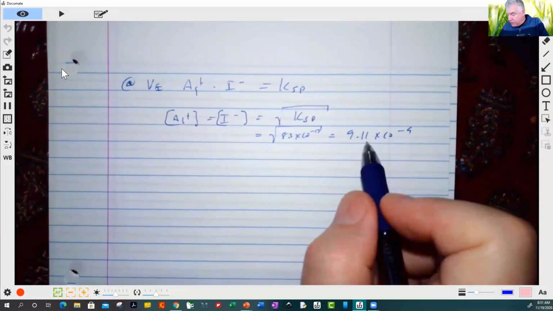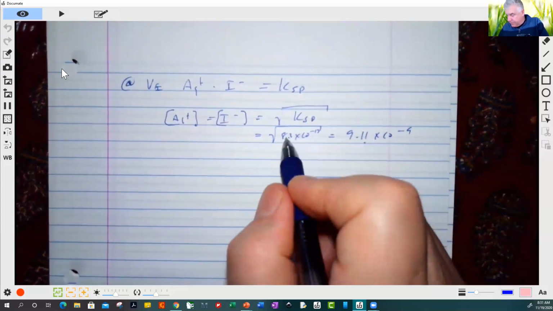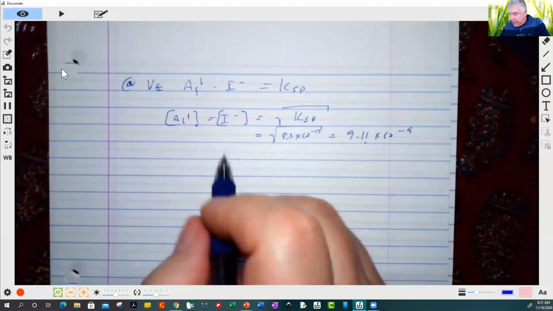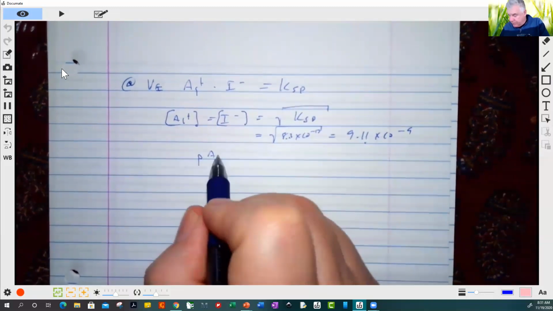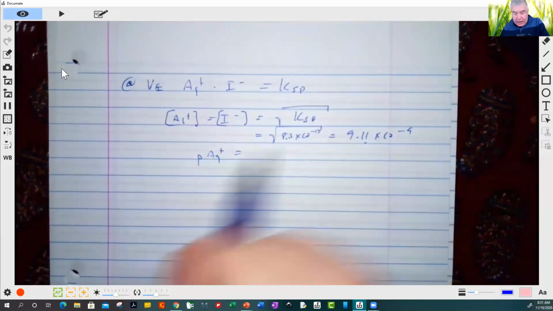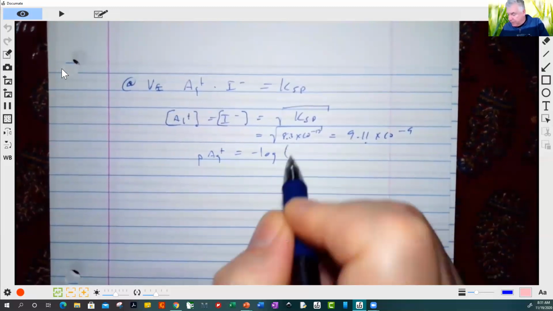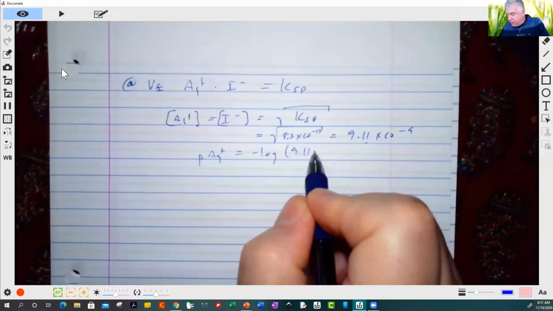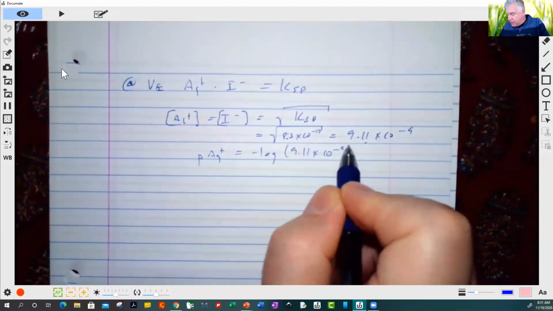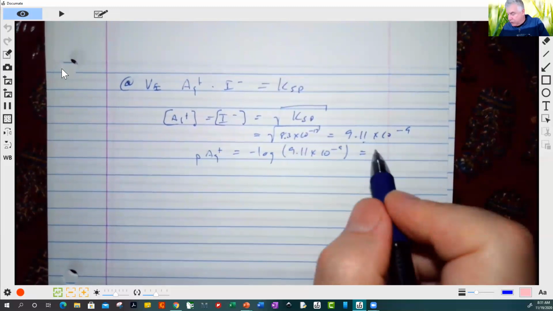It's carrying an extra sig fig here. And so the PAg is equal to the negative log of 9.11 times 10 to the minus 9, which is equal to 8.04.